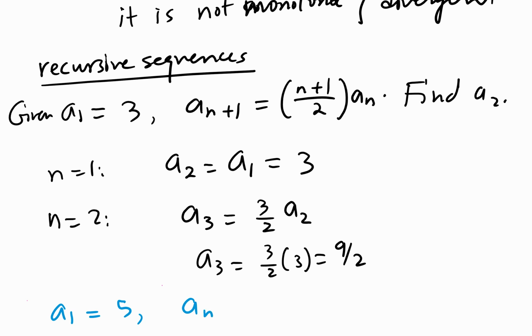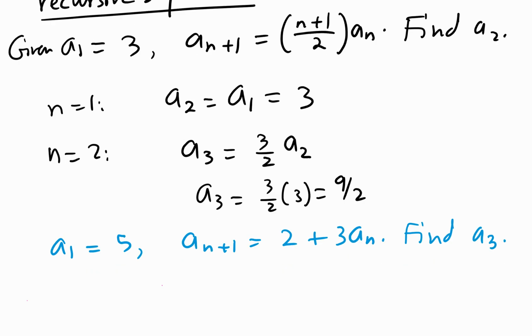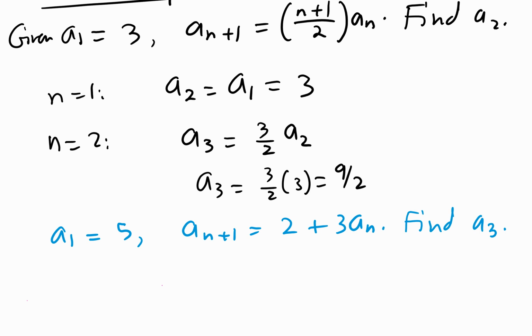Say a_1 is 5 and a_(n+1) is 2 plus 3a_n. Find, let's say, a_3. They only give me a_1. If I take n = 1, that gives me a_2, because 1 plus 1 is 2: 2 plus 3 times a_1, which is 5.